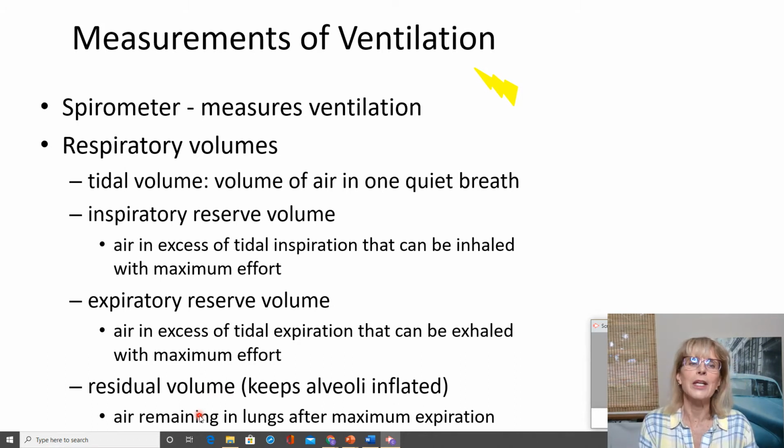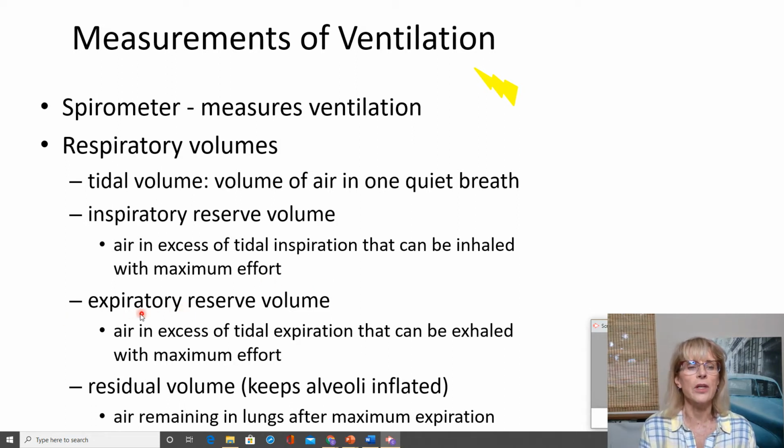That room to inhale above what you normally do is known as inspiratory reserve volume. That's the air in excess of tidal inspiration that can be inhaled with maximum effort, right? So tidal volume is just like 500 milliliters, like half of a liter. It's not very much. But if you needed to, you could inhale a whole bunch more than that.